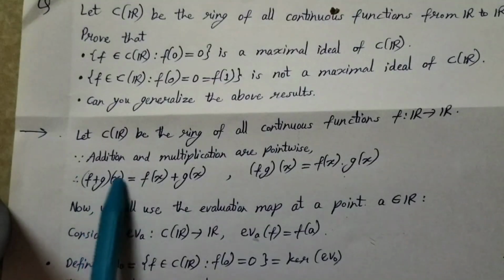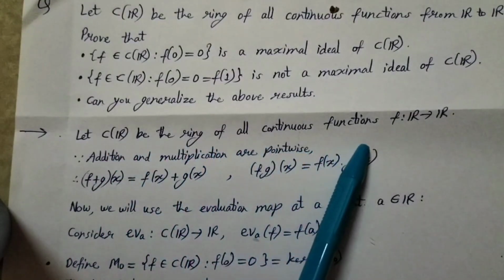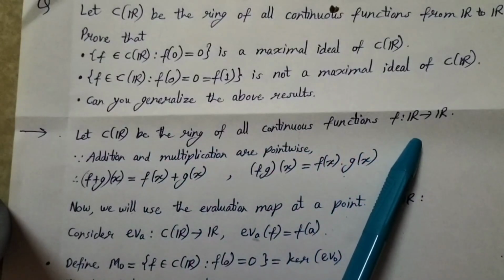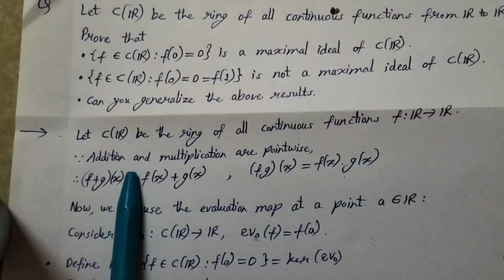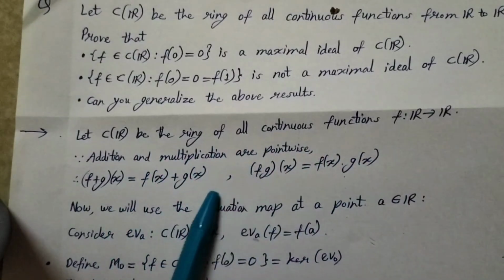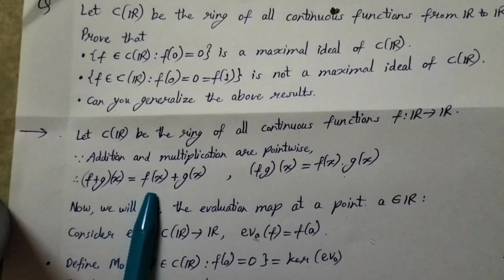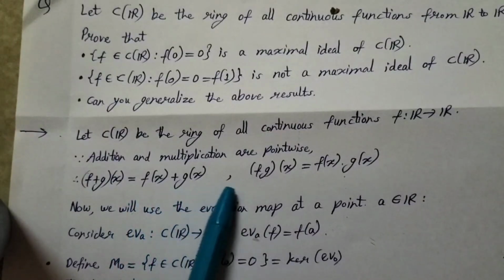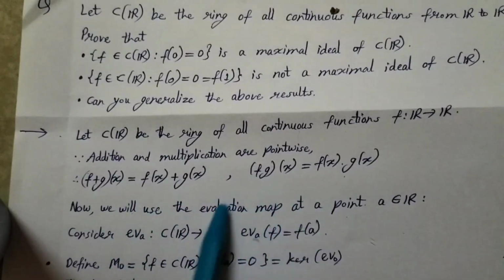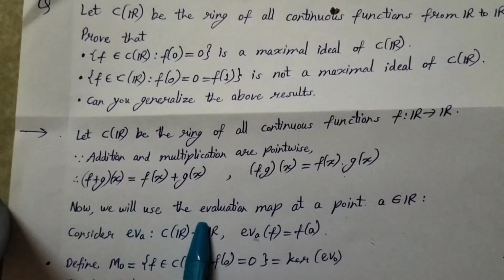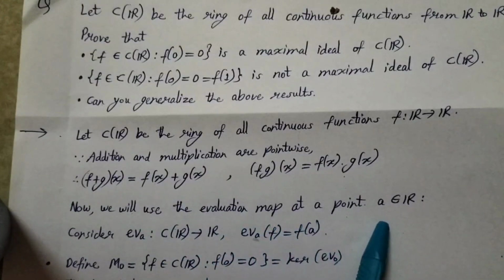Let C of R be the ring of all continuous functions from R to R. Since addition and multiplication are pointwise, as discussed earlier, (f plus g) of x equal to f of x plus g of x and (f into g) of x equal to f of x into g of x. So now we will use the evaluation map at a point a belonging to R.